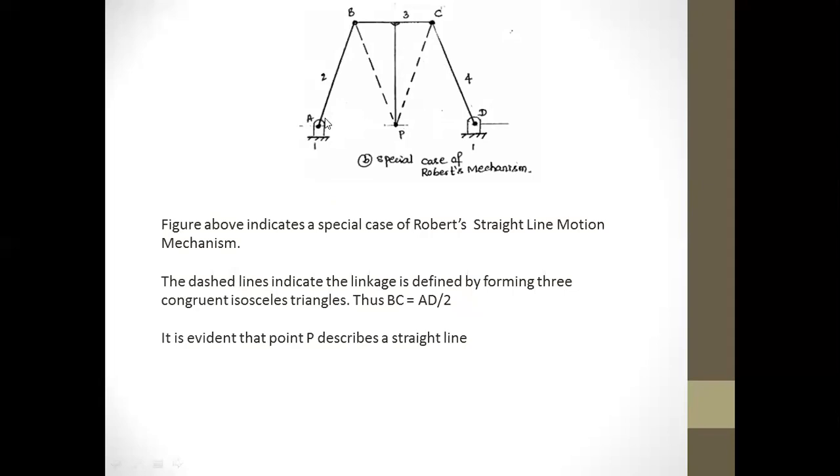Thus BC is equal to AD, the fixed link, divided by 2. So here P will describe a straight line, even in the special case of the Roberts mechanism.